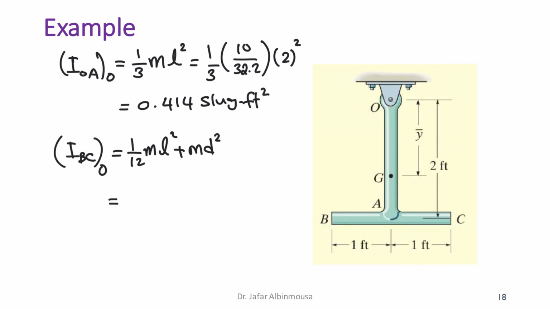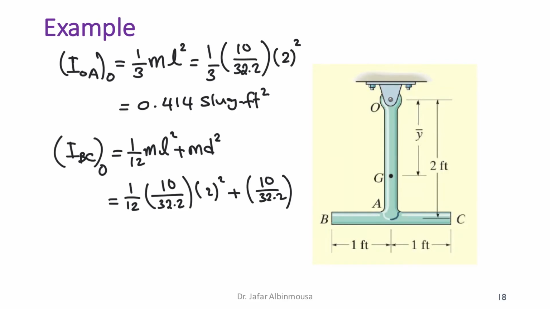So if I substitute, I will have 1 over 12, and then again 10 pounds divided by 32.2 feet per second square, and then I have to multiply by the length. The length of this one, 1 foot and 1 foot, is still 2, similar to the length of this one, and I will have 2 feet square plus the mass, which is 10 over 32.2, multiplied by d square.